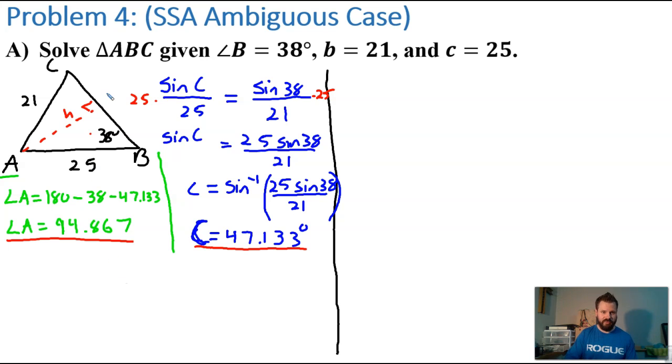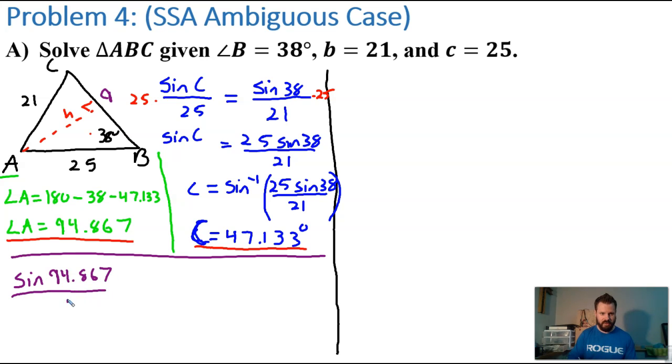And then the last thing we can find is the little a, side length A. And for that, I'm going to go sine of A over A. So in other words, we can say sine of 94.867 over the little a we don't know is equal to, and I'm going to use the b's because they're both giving me right away nicer numbers.